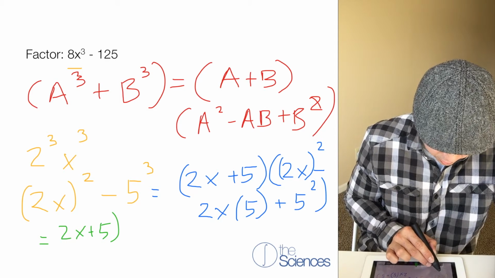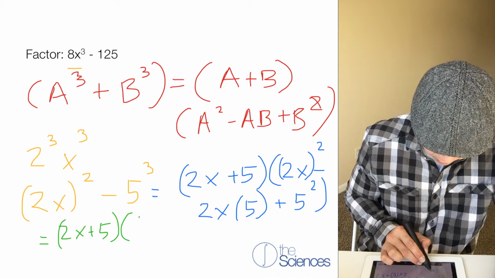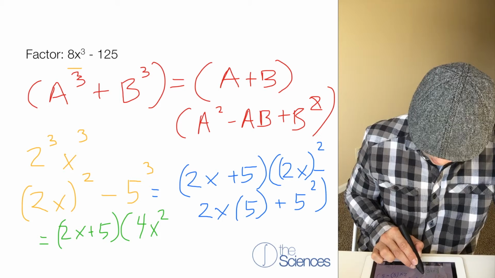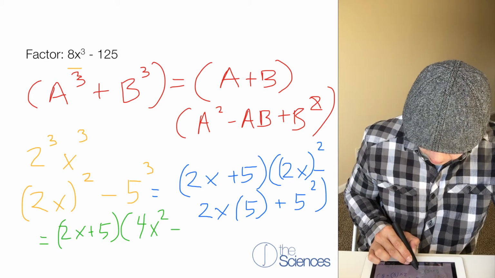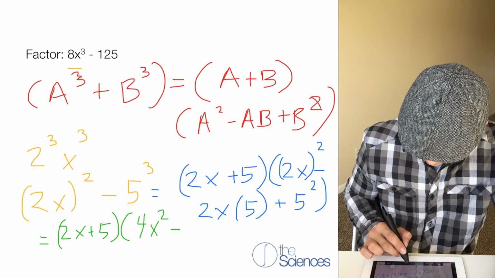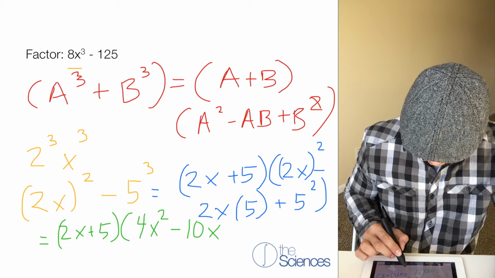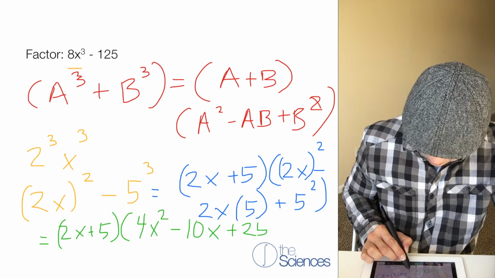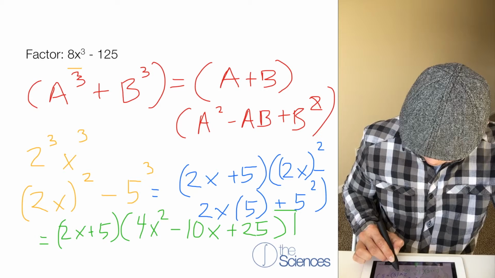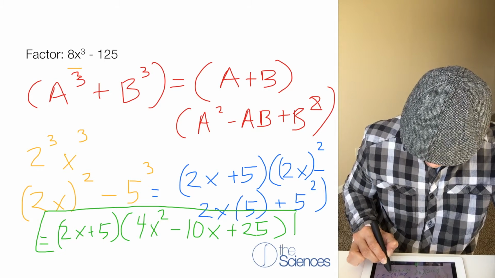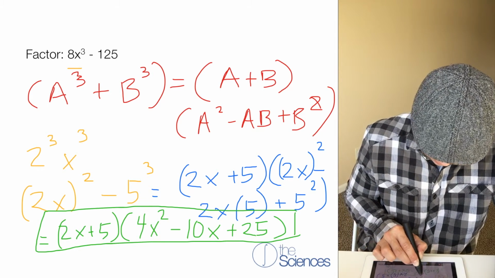So if we simplify this, we get 2x minus 5 times 4x squared plus 10x plus 25. So that's our answer.